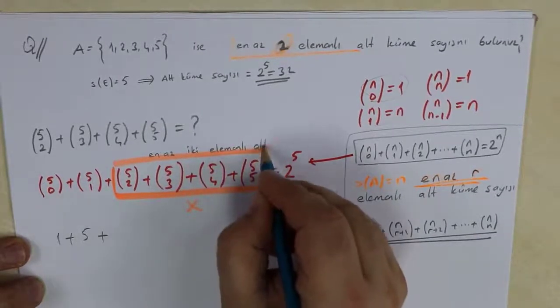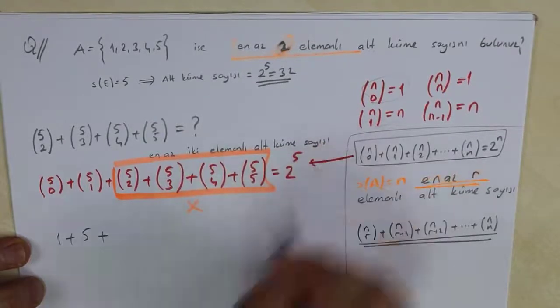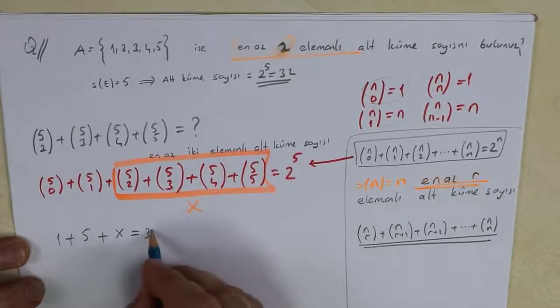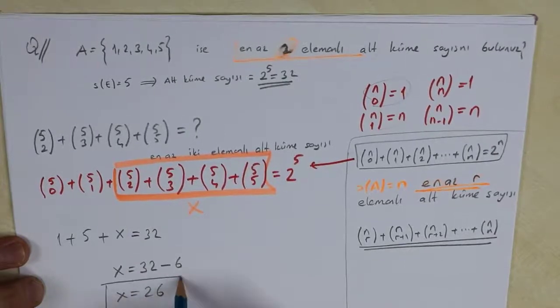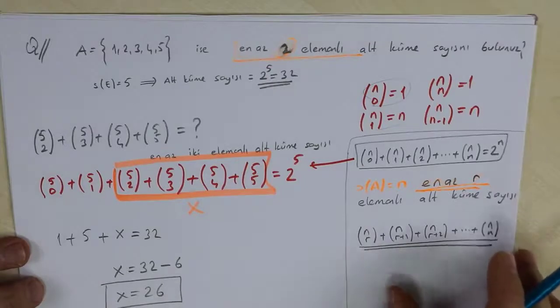We need the count, plus x equals 2 to the power 5, that's 32. And here x equals 32 minus 6, and that leads to x equals 26 different subsets that have at least 2 elements from this set A.